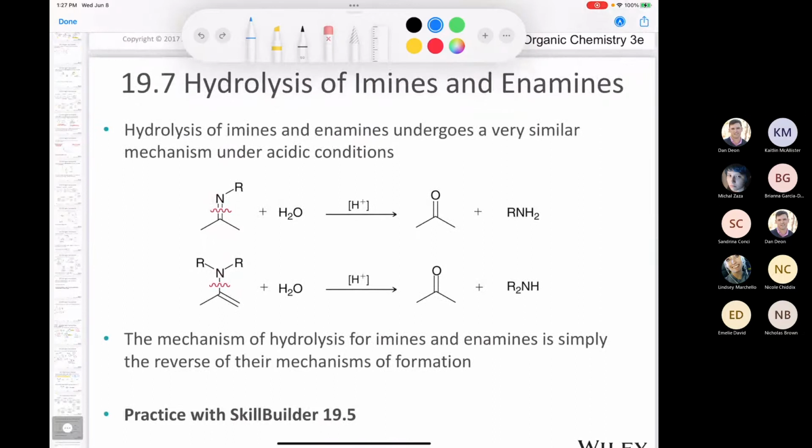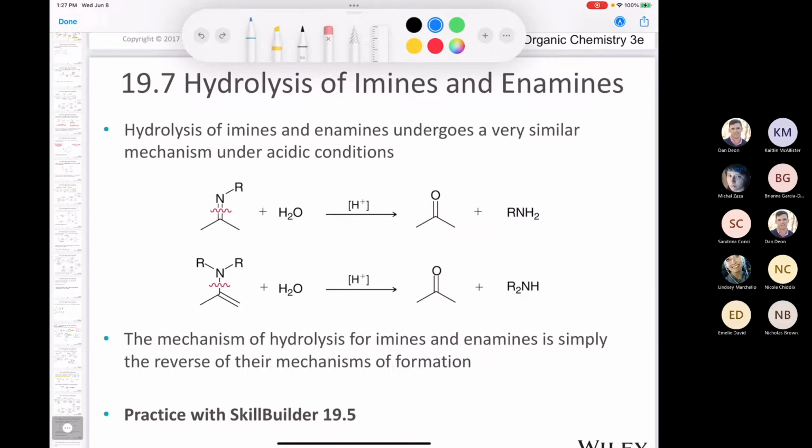And the good news is this, even though the mechanisms aren't shown in our textbook, the hydrolysis of an imine or an enamine undergoes a very similar mechanism in acidic conditions. Now, I'm not going to ask you to write out that mechanism. But again, it's the reverse of the formation of the imine or the enamine.